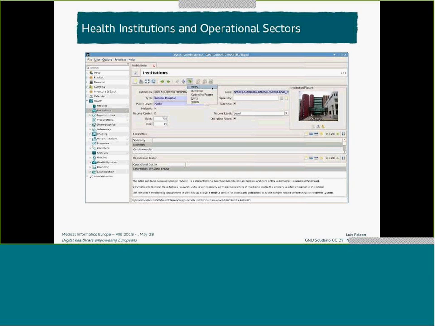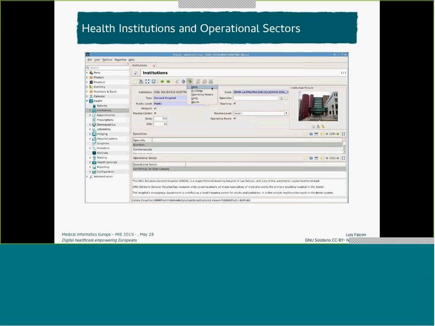And directors and operational areas deal with the geographic and administrative units that that specific health institution is responsible for.